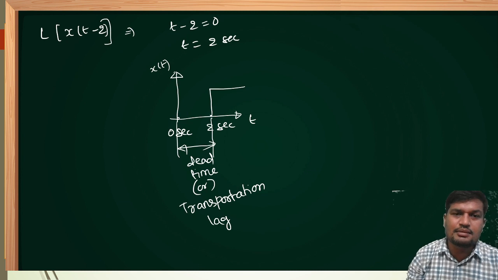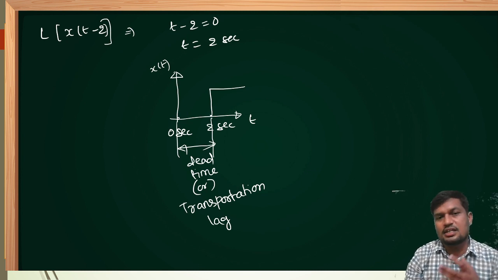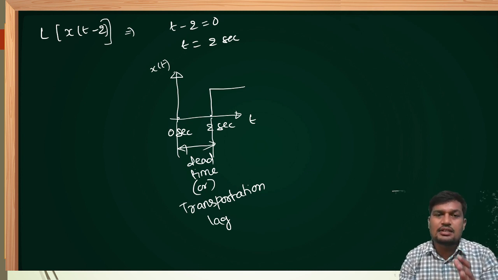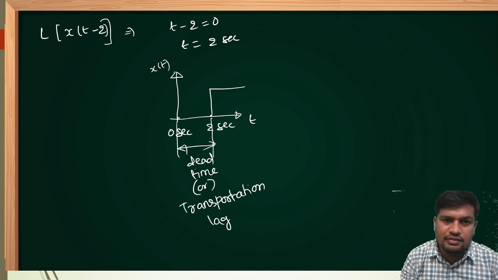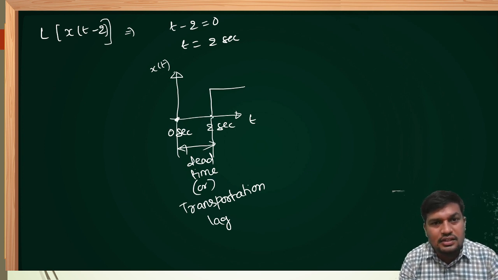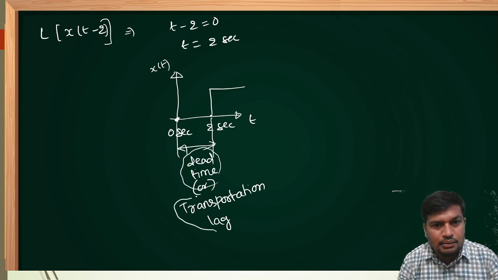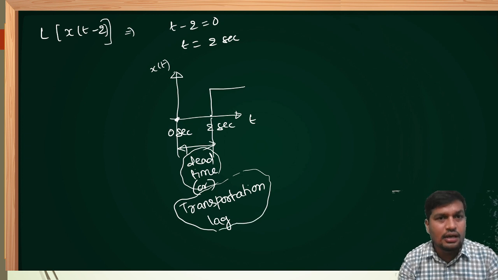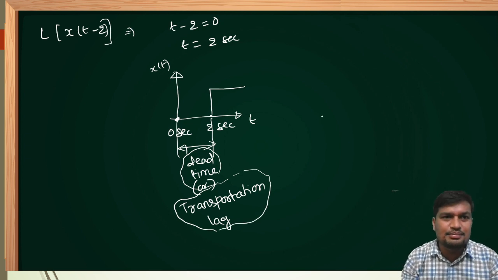Therefore, listen to the basics clearly, then we will understand the depth of this meaning. When the system responds at 0 seconds when we give input, there is no dead time or transportation lag, and that system is more stable. Basically, when the system responds after 0 seconds, even though we have given the input, that time up to the response is called dead time or transportation lag. Because of this, the system stability decreases. How? We will see in depth in the control system.